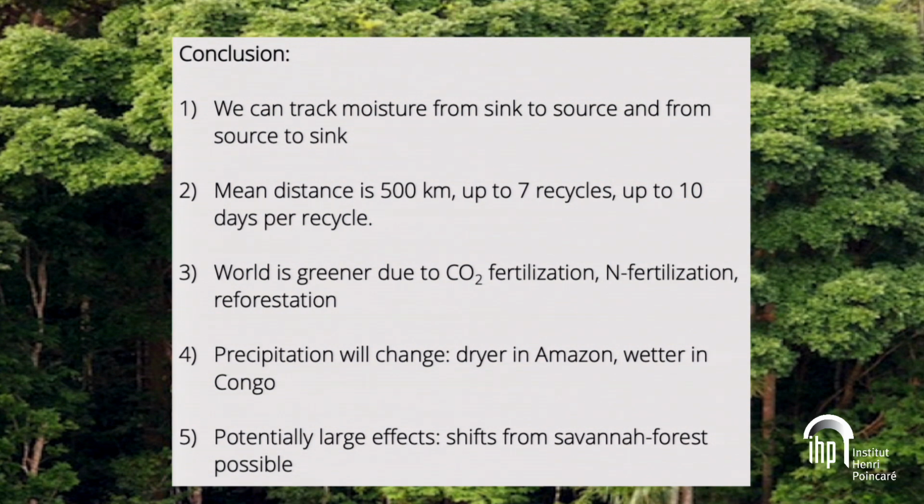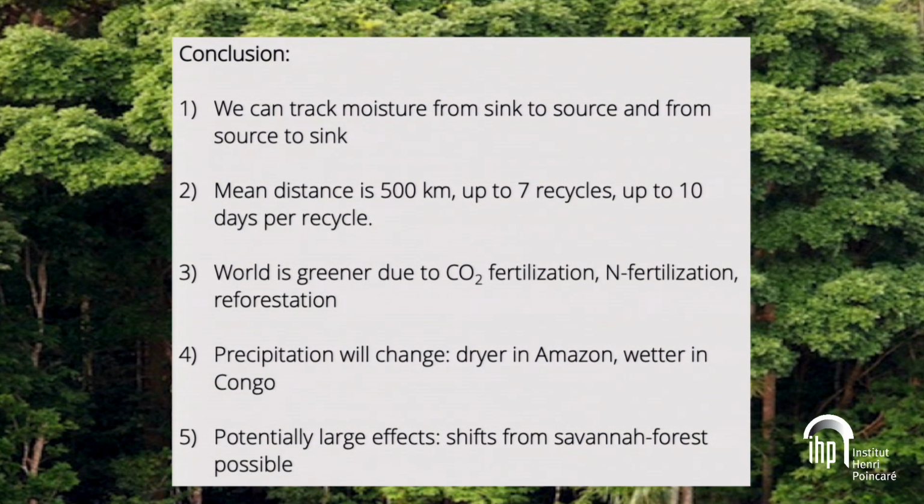It takes 500 kilometers to transport in one cycle, and for the whole of South America, it can take up to 7 times of this cascading before one drop enters the ocean again. And one cycle takes up to 10 days or so in the atmosphere, so that is your residence time in the atmosphere. So these are the numbers of today.